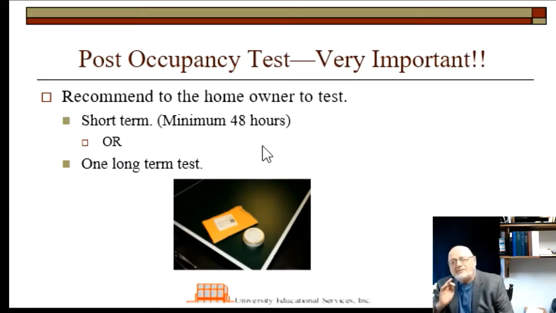The post-occupancy test. You should recommend strongly to the homeowner that, listen, after you've lived in there for a few days or a week or two, you should give a radon test to that building. And that would be up to the homeowner, of course, or the occupant of the building. And you can leave a kit with them.